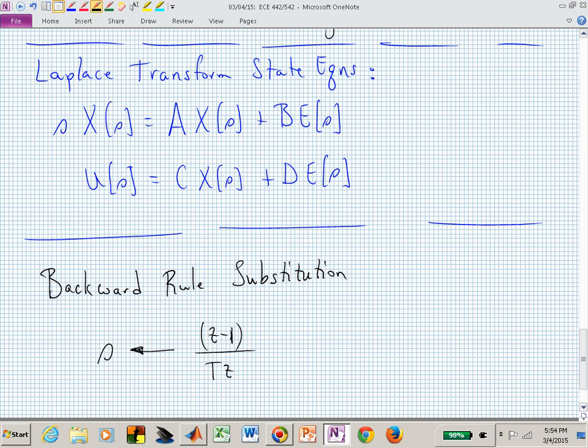You now know how to go into the time domain once you have this z domain expression or equation. If you don't, you need to know by Monday and Wednesday. Monday for the homework, Wednesday for the exam. So continue.